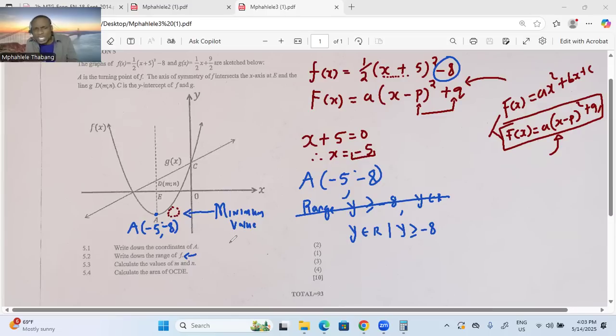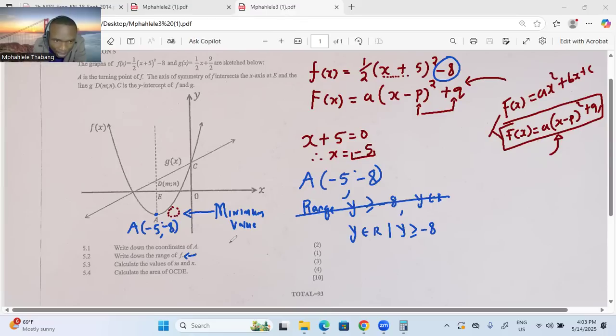So we use this idea that the lowest value of y is negative 8. Then we say all values of y are greater than or equal to negative 8. y can be negative 8, or y can be greater than negative 8. So that is the range. That is why it's 1 mark. It does not need you to calculate. You just have to make use of the turning point of a quadratic graph.